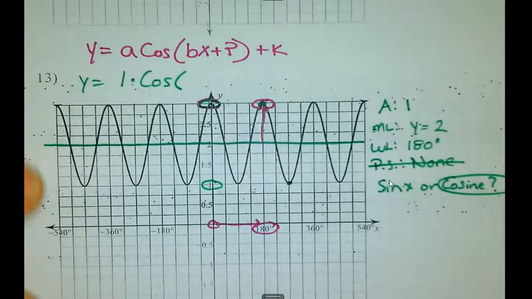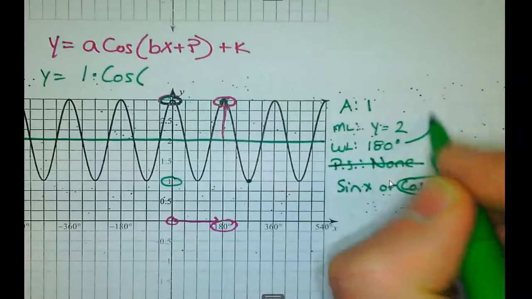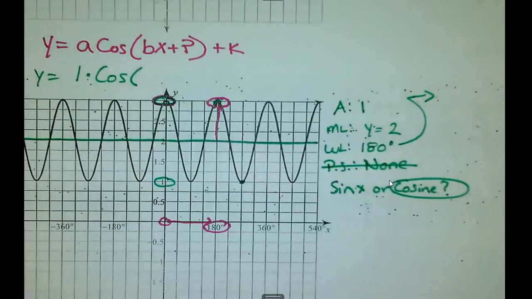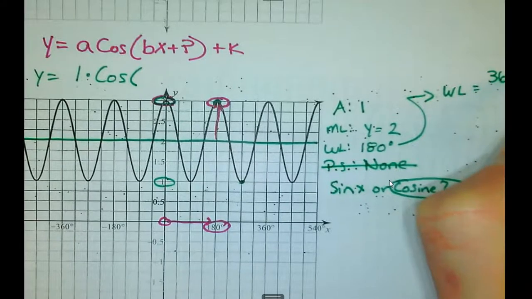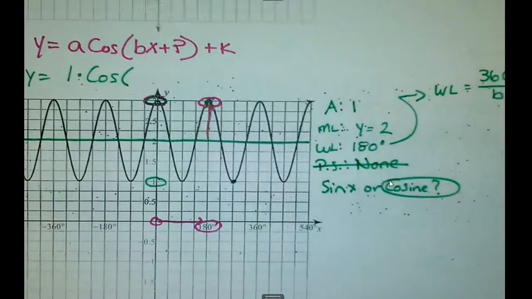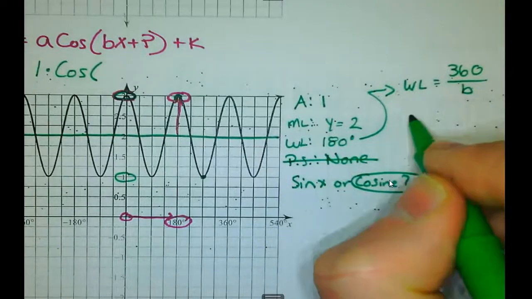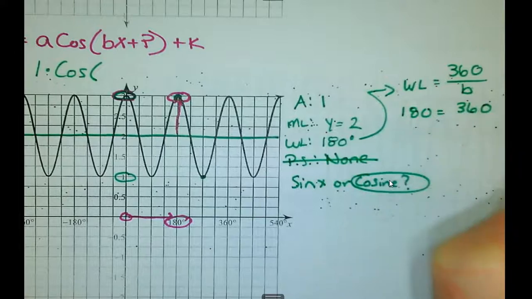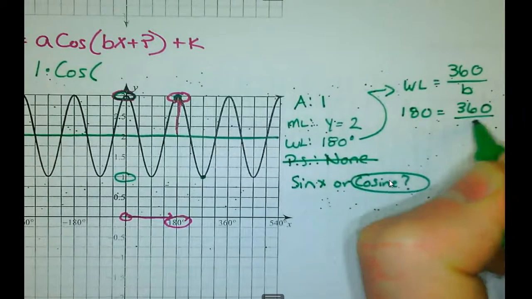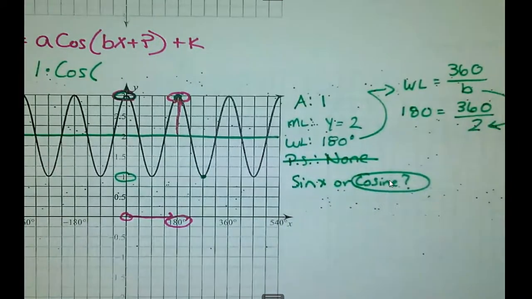We don't have a b value listed, but we know that the wavelength is related to the b value. Remember, the wavelength equals 360 divided by whatever that b value is. We've said that our wavelength is 180. Well, the way to get from 360 to 180 is 2. So our b value must be 2.